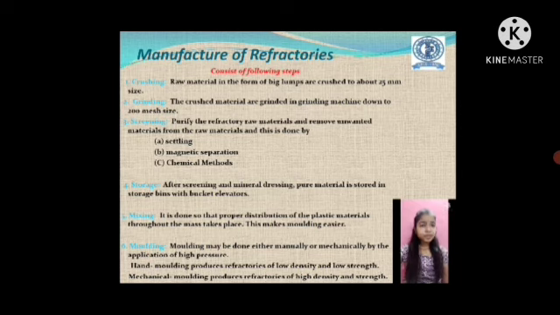Molding may be done either manually or mechanically by the application of high pressure. Hand molding produces refractories of low density and low strength. Mechanical molding produces refractories of high density and strength.